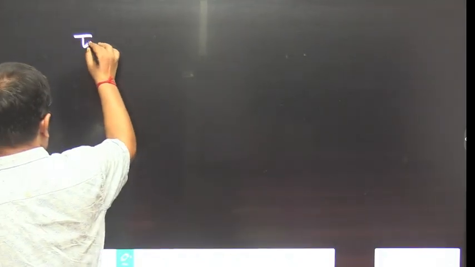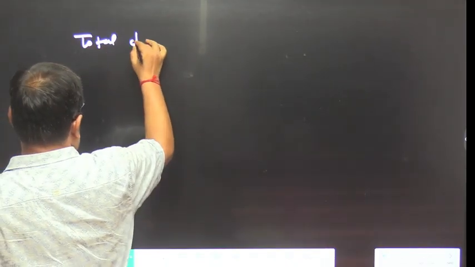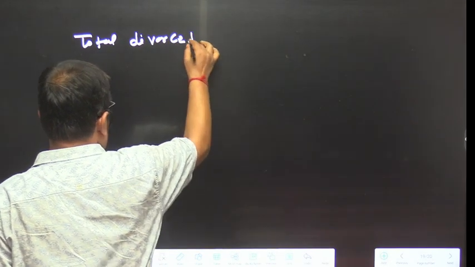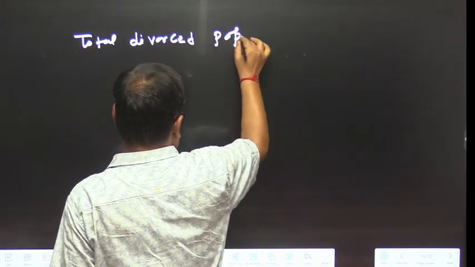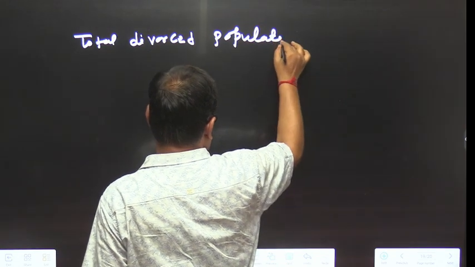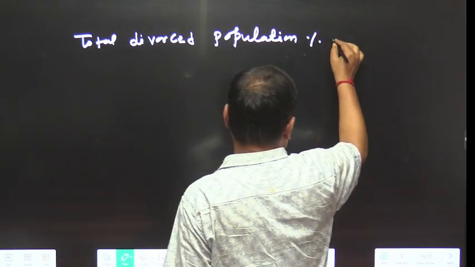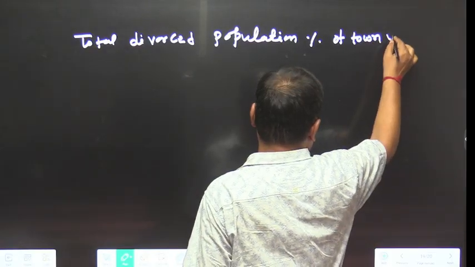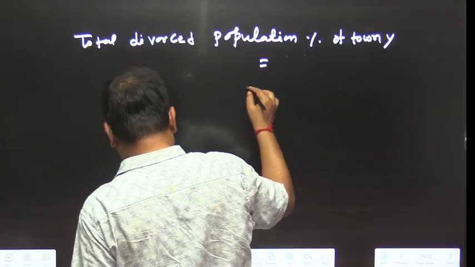The total divorced population percent of town Y equals 52.